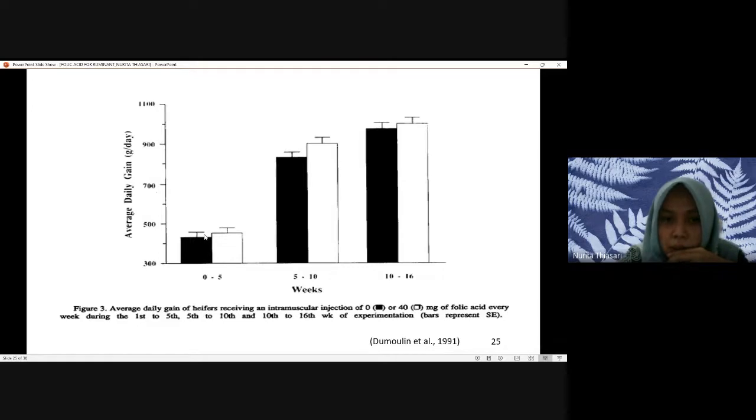It shows a slight increase of the average daily gain from 0 until 16 weeks. So we can see there is a slight increase of the average daily gain of the heifer.